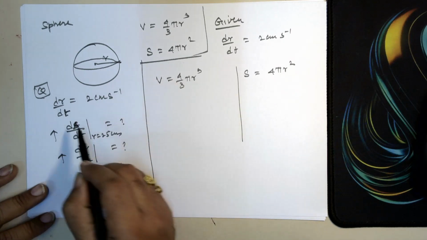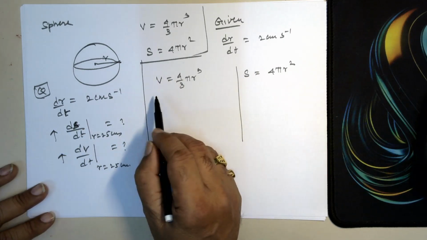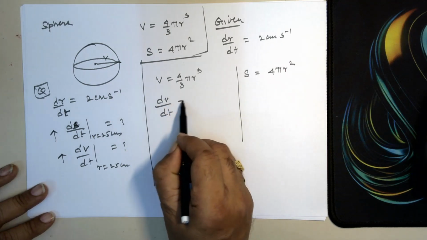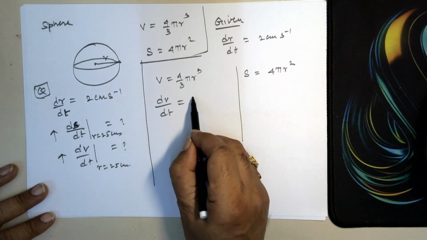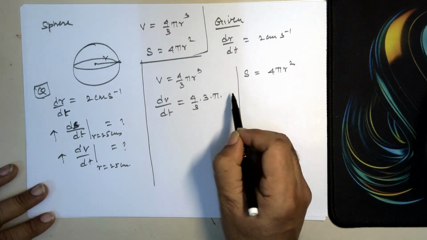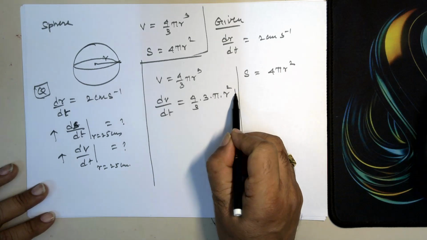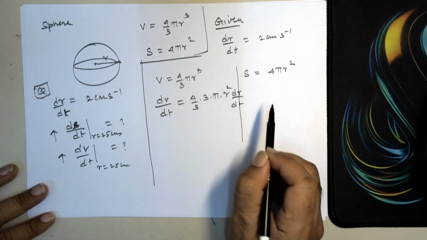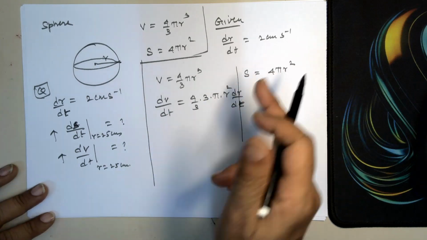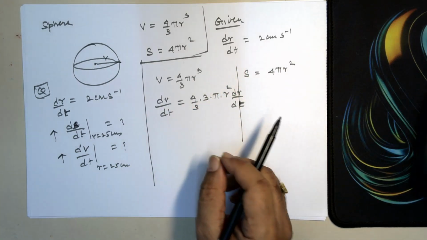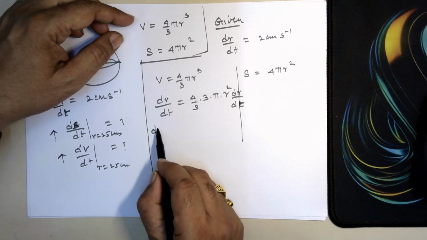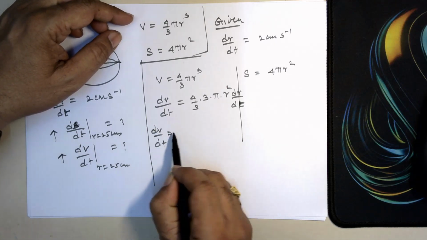So dV by dt, we have to differentiate with respect to t. So 4 by 3 into 3 pi, which is constant, into r squared into dr by dt. Got it? Why have you put the dr by dt? Because it is differentiated with respect to another external variable, that is time.